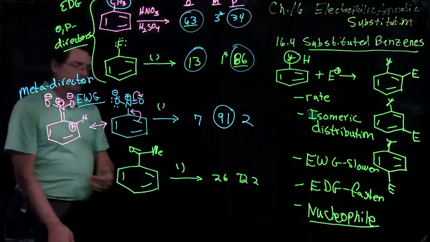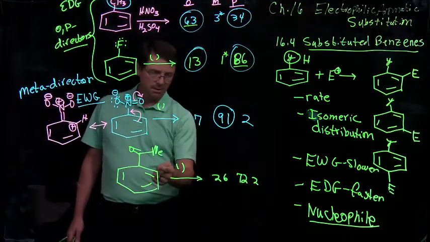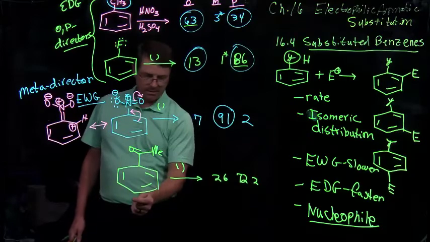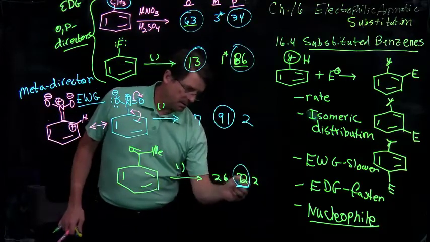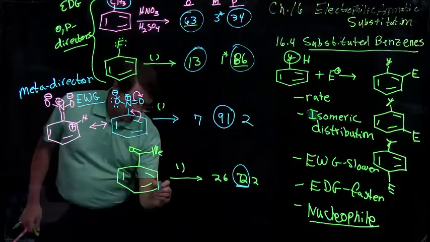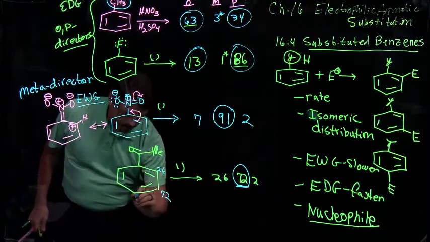So there's a little more ortho nitro acetophenone than para, but clearly the majority of the product here comes with meta substitution, right? That's 26, 72, and 2.